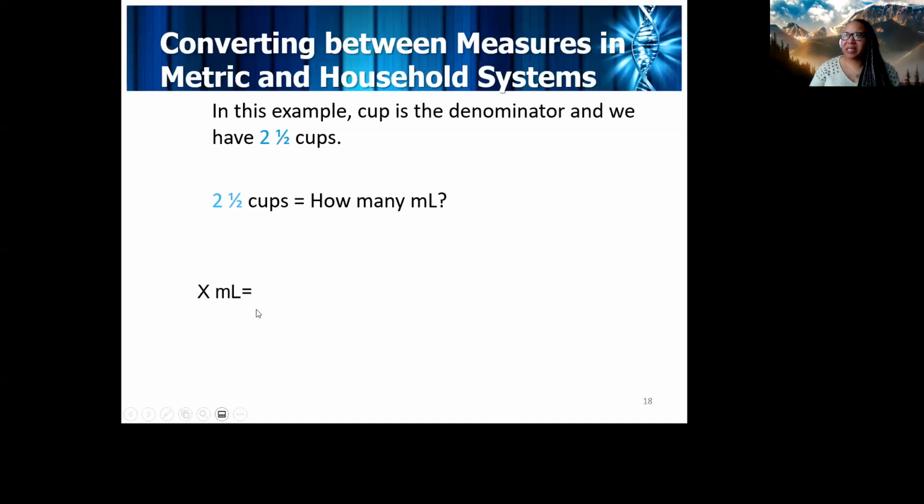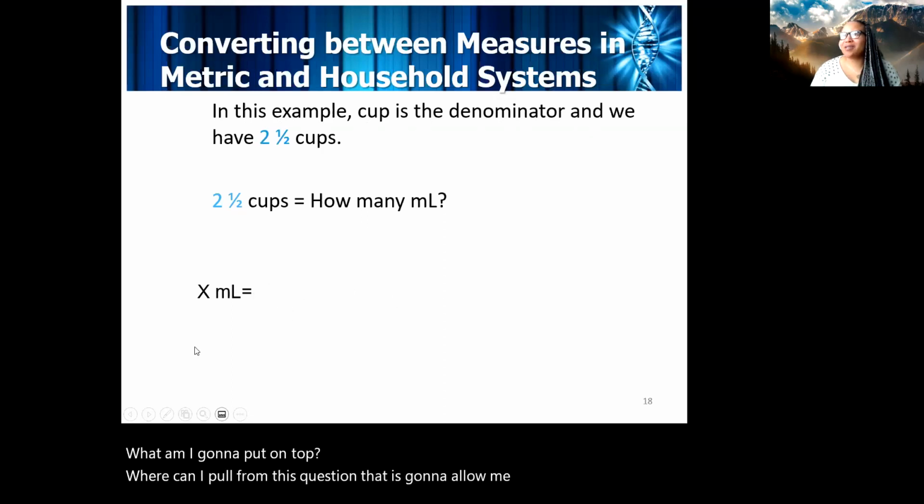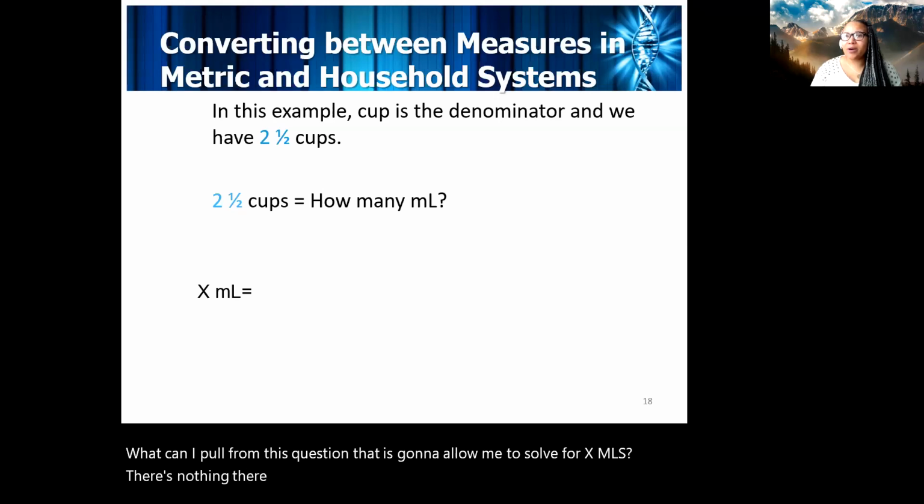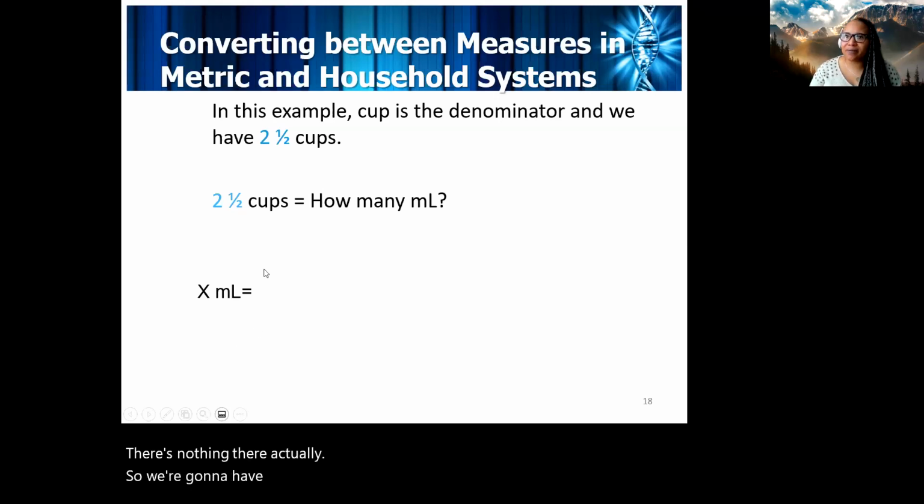We are solving for milliliters. So I'm going to write X milliliters equals. What am I going to put on top? What can I pull from this question that is going to allow me to solve for X milliliters? There's nothing there actually. So we are going to have to know this conversion.